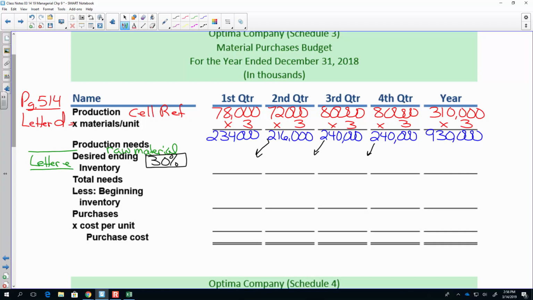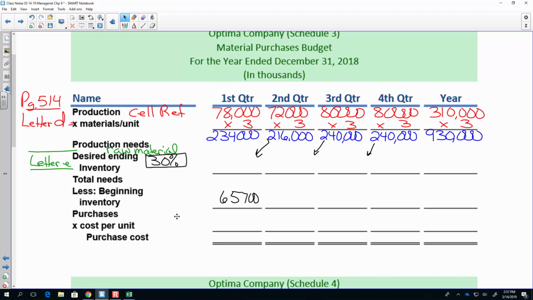Oh, what's the first number? 65,700. No, it's the beginning inventory. Oh. 64,800. So I can move this down, right, to here? Right there. Beginning inventory.